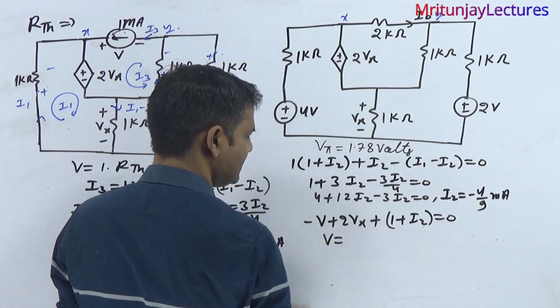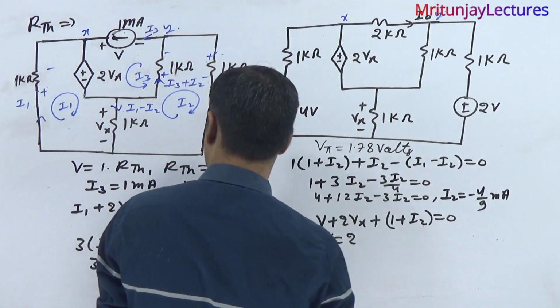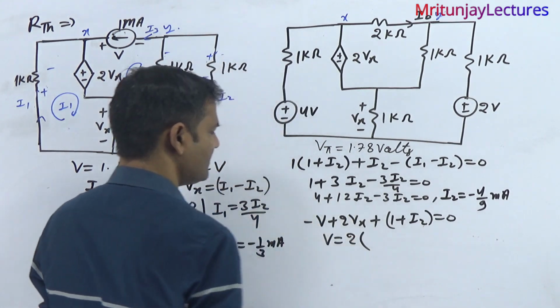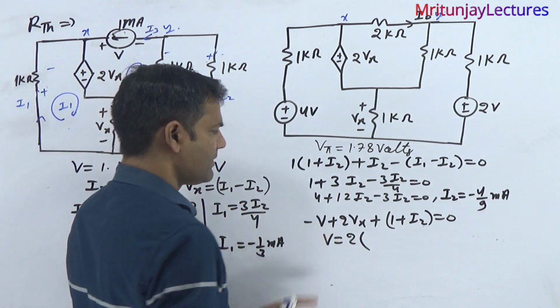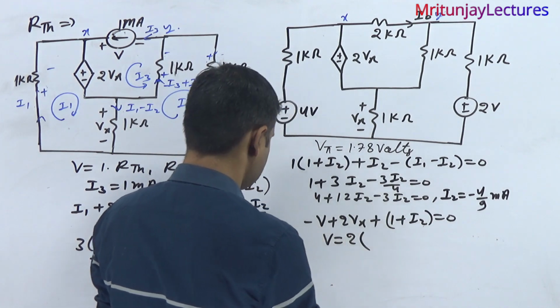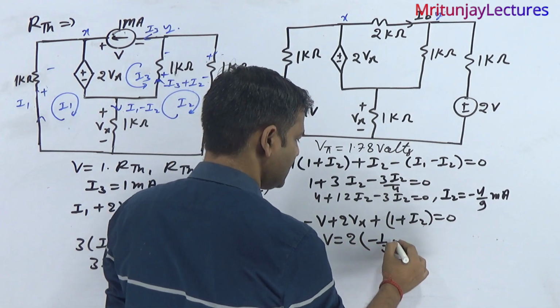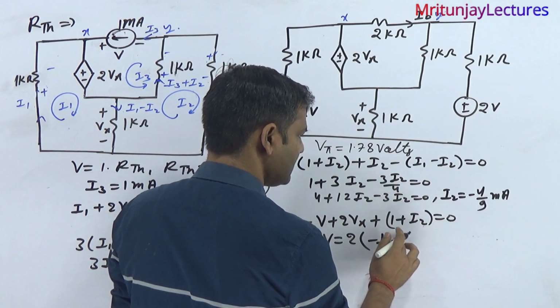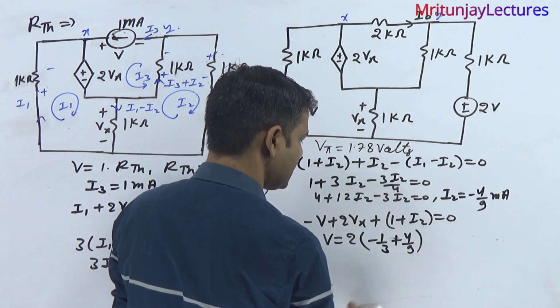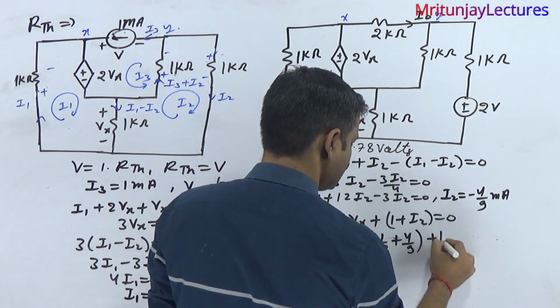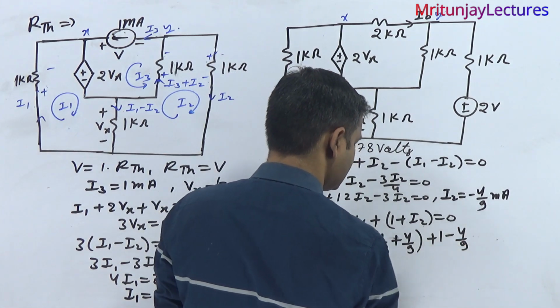So V is written as 2 into Vx. Vx means I1 minus I2. I1 is minus 1 by 3, I2 is minus 4 by 9. Plus 1 and minus 4 by 9.